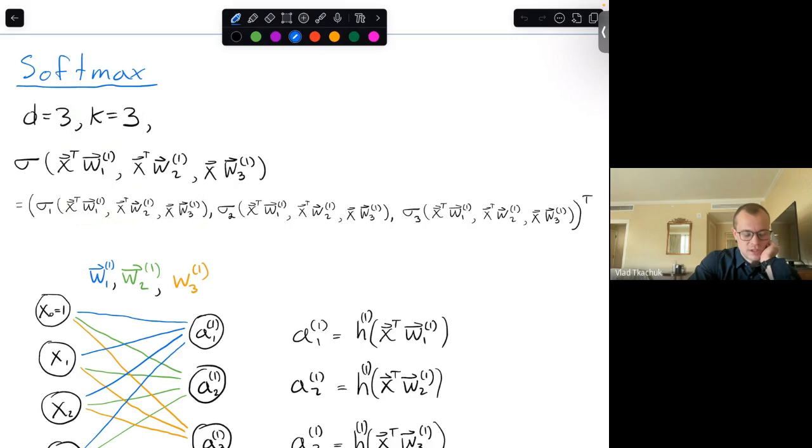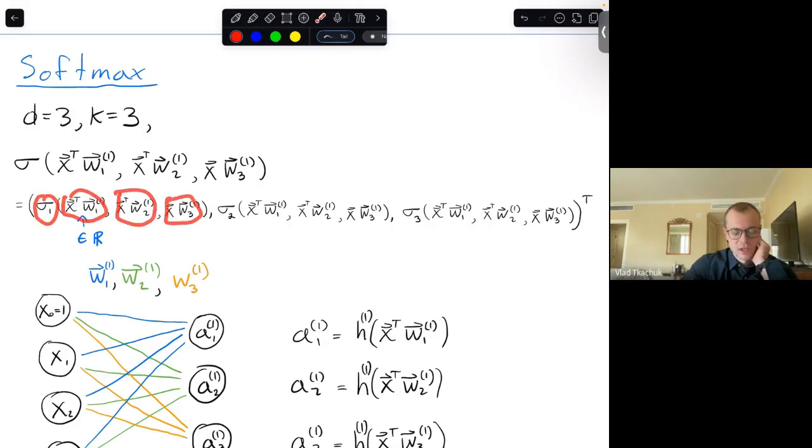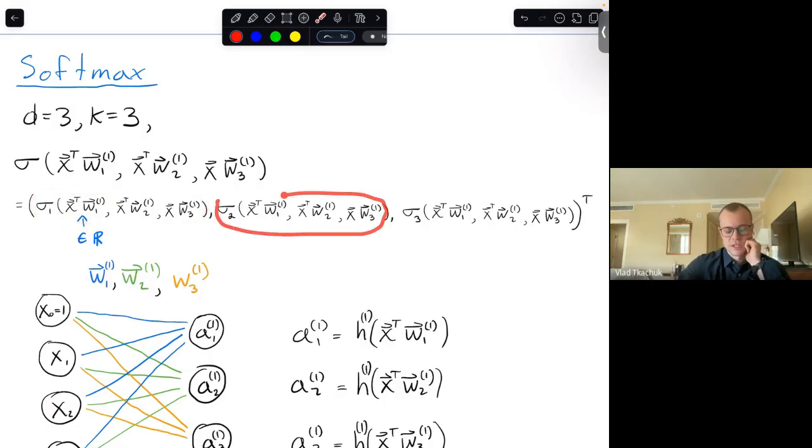So remember these guys here, they're a real number. And you wanted to map them to a number between 0 and 1 that summed up to 1. And so what you did is you applied the softmax to these three numbers, and then it would normalize it to a number between 0 and 1, such that it also summed up to 1. And so this number here is the probability you get of the first class, this is the probability of the second class, and this is the probability of the third class.